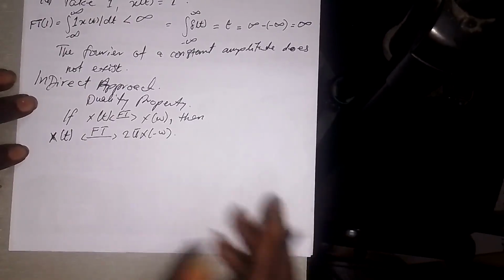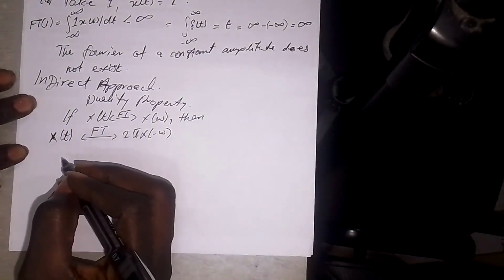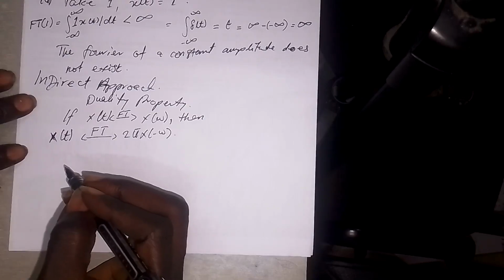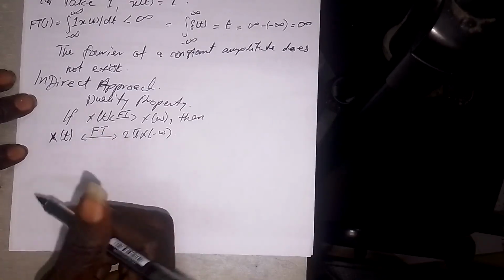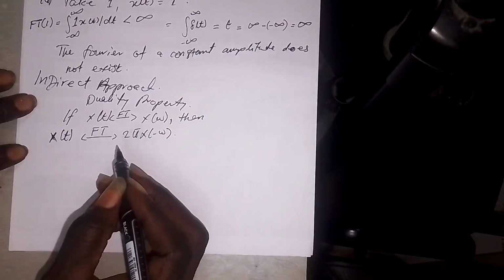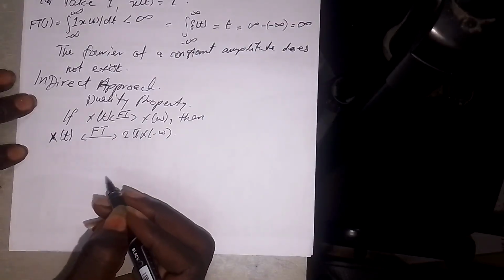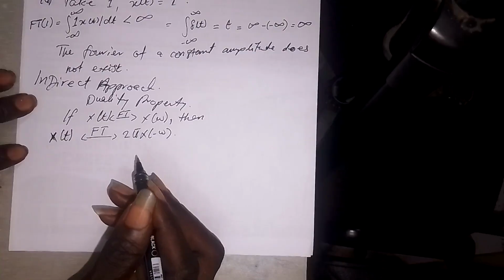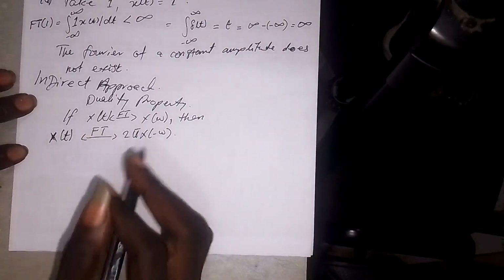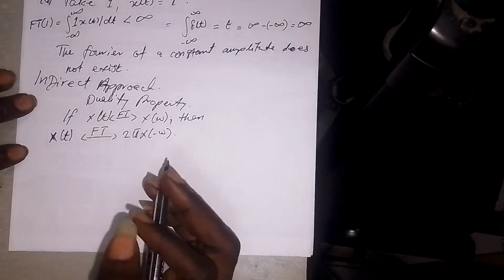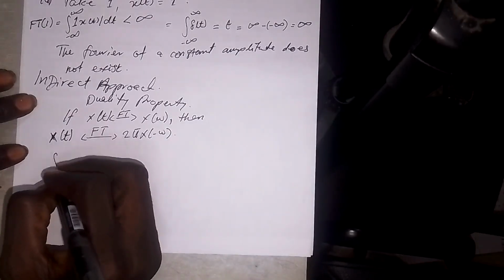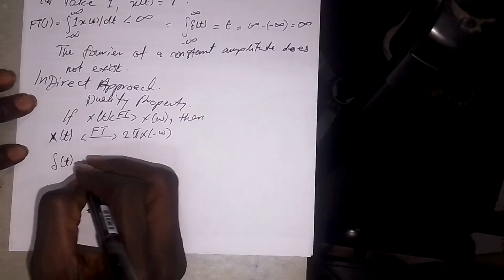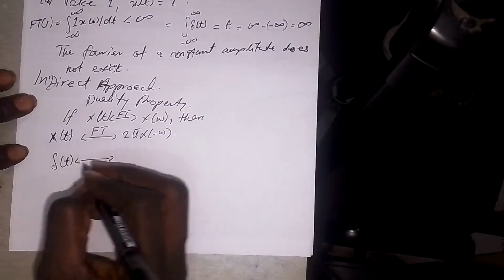Now, the first question that we solved in this particular lecture was finding the Fourier transform of the unit impulse, delta of t, for which we got 1.